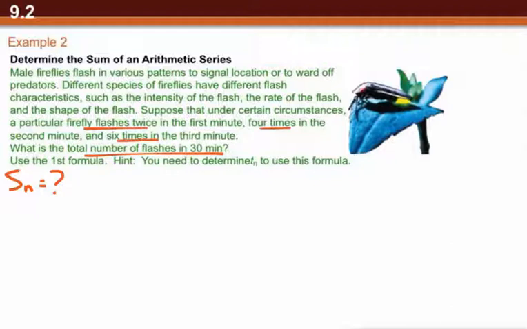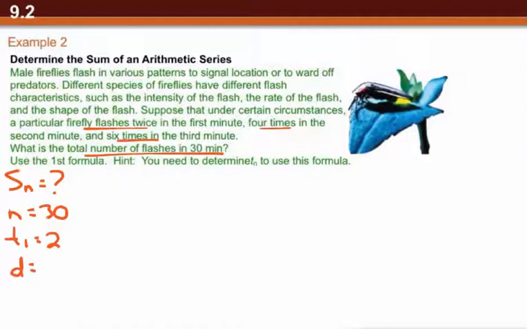Now, in that total number of flashes in 30 minutes, I've also told you n is 30. We know T1. T1's how many flashes in the first minute? That's 2. And we also know d.